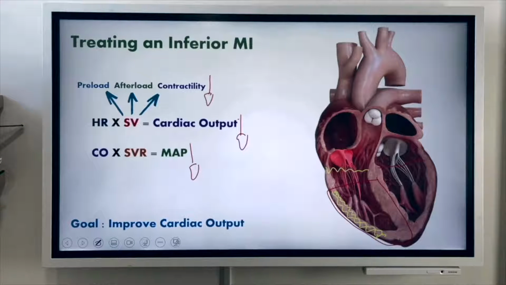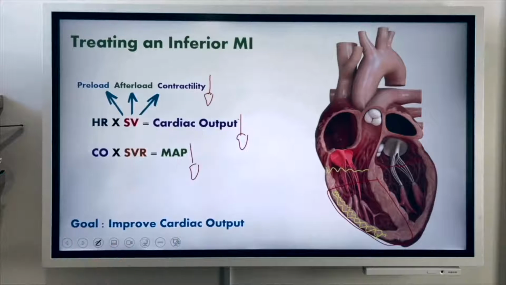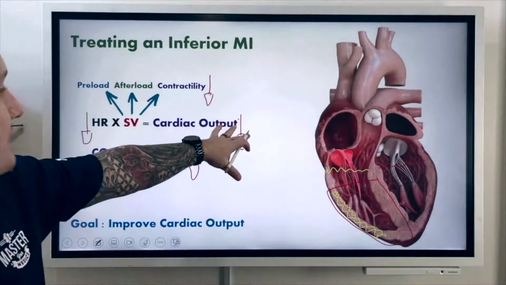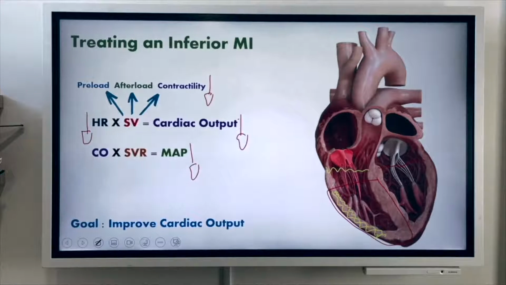And in some cases, in 20% of those cases, like we saw, if those AV nodes or SA nodes are affected, we even have a decrease in heart rate, which is going to impact cardiac output even further, and thus decrease our mean arterial pressure. So we have some pretty serious problems here that we need to correct.